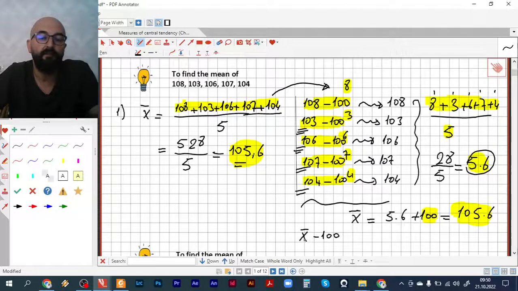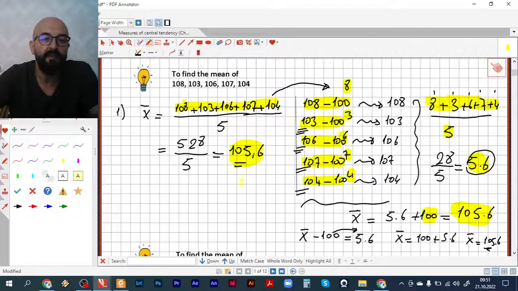So the mean minus 100 equals 5.6. If I carry 100 to the other side of the equal sign, the mean becomes 100 plus 5.6, and the mean becomes 105.6. It's also the same as before when using the large numbers.